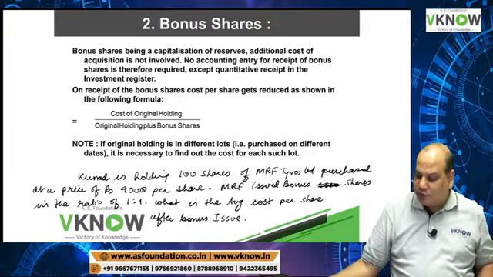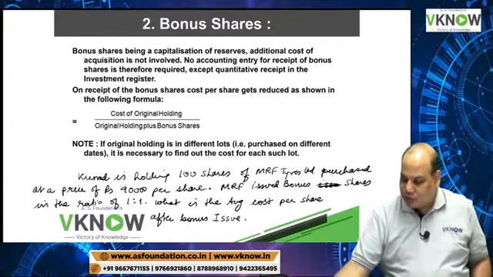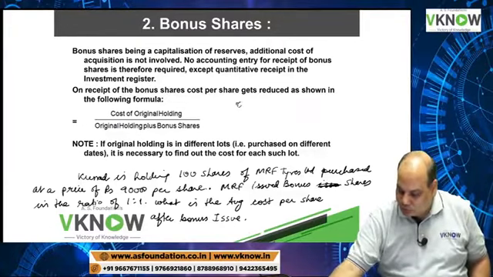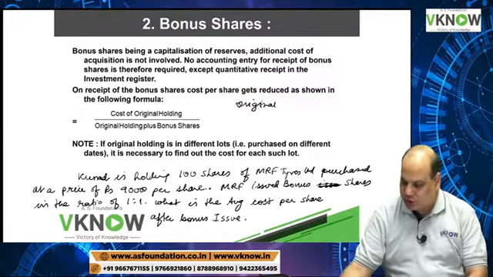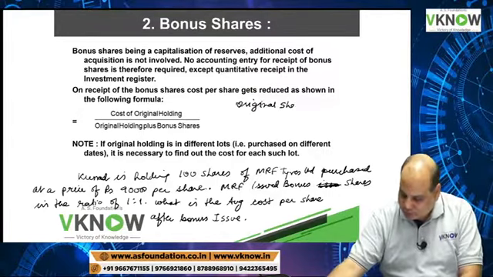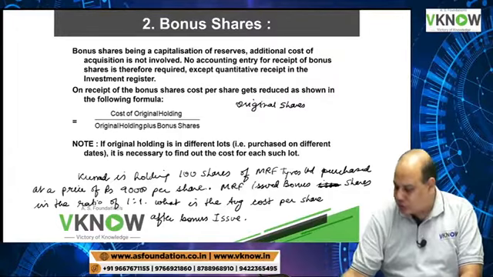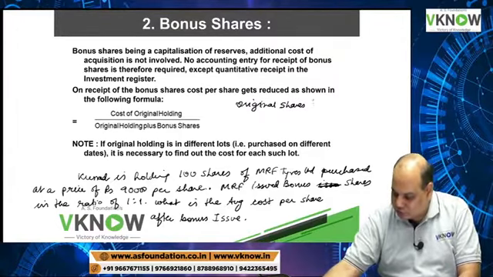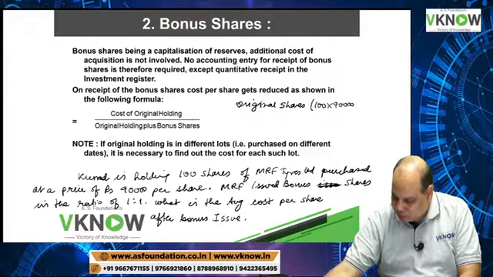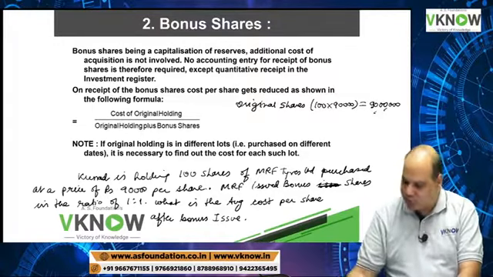So let us solve together. First is original shares. Original shares cost will be 100 into 90,000, which is 90 lakhs. Oh my god, Kunal is holding shares of 90 lakh.